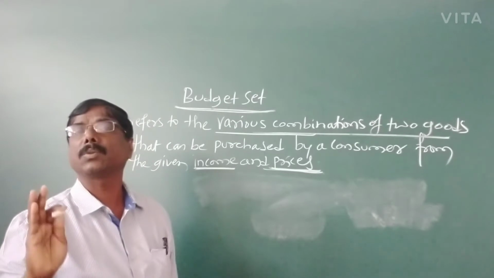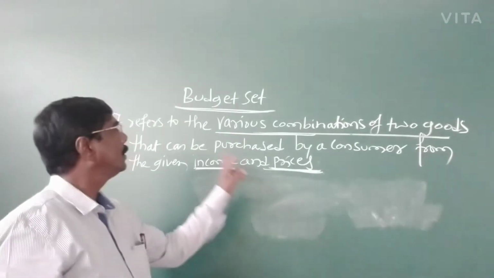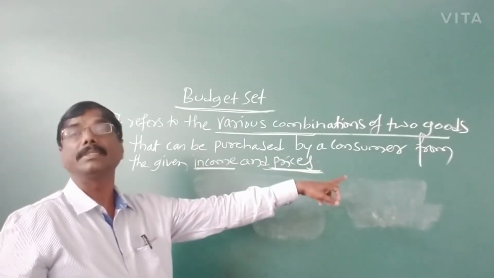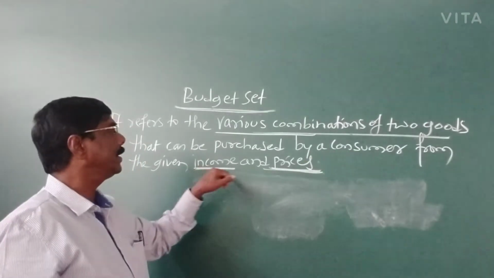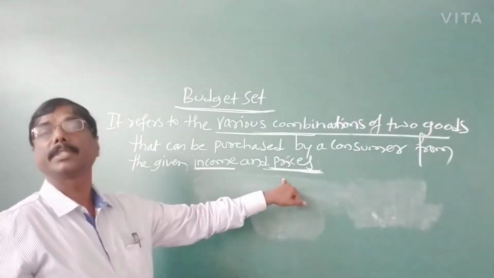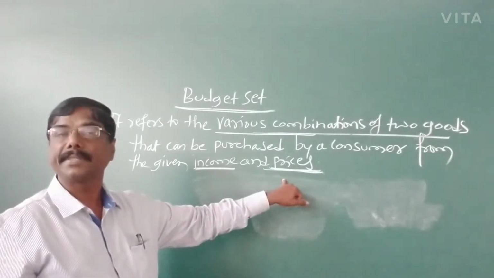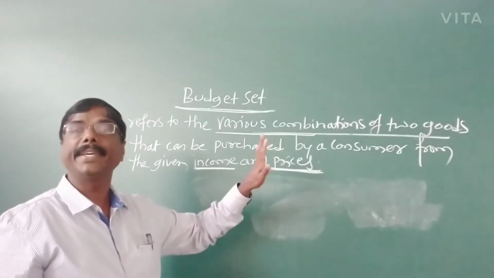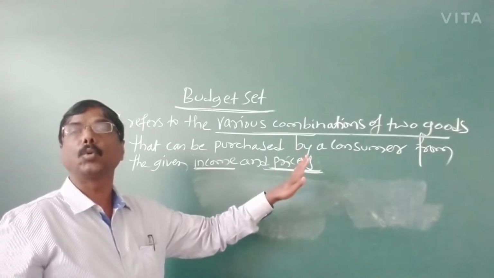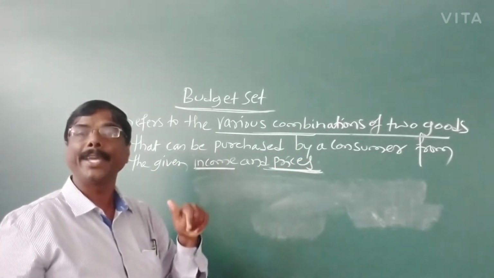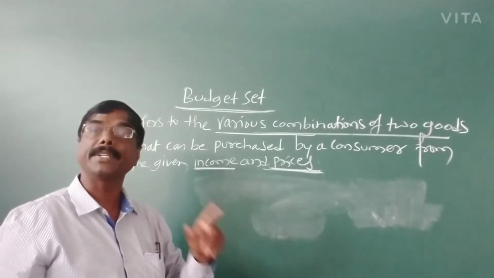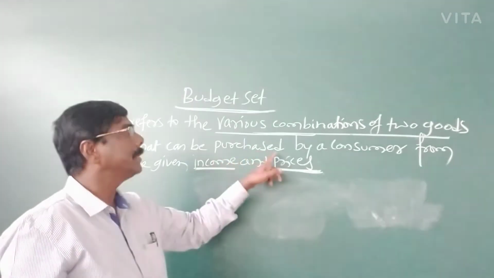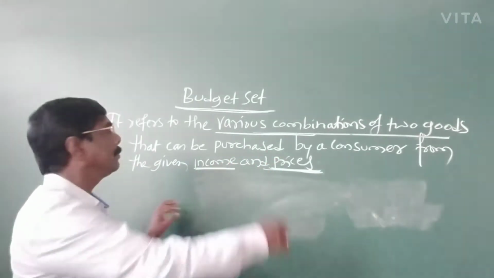So, various bundles of two goods available to a consumer, he can purchase from the given income and prices.